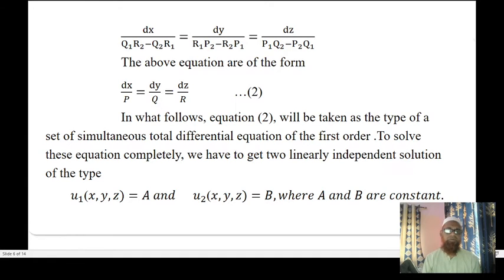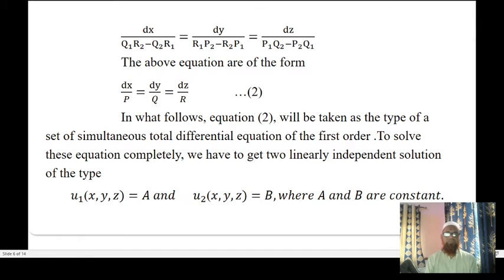The above equations are of the form dx by p equal to dy by q equal to dz by r. Equation 2, in what follows, will be taken as the type of set of simultaneous total differential equation of first order.